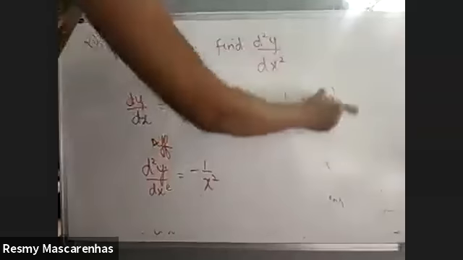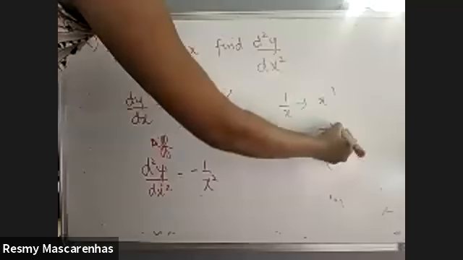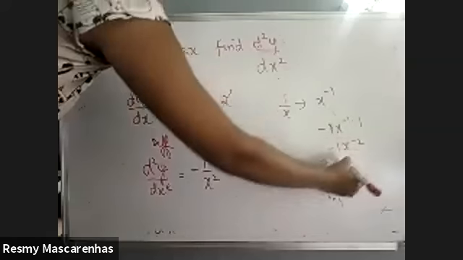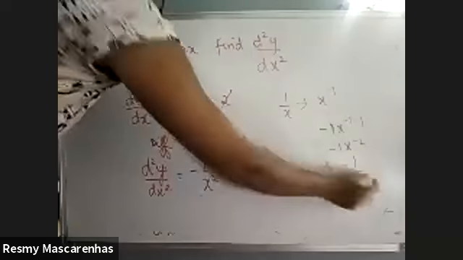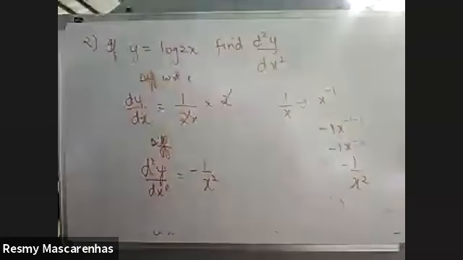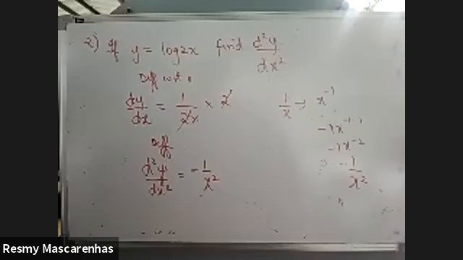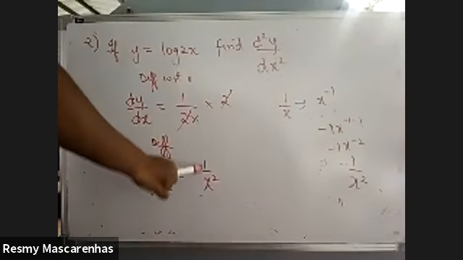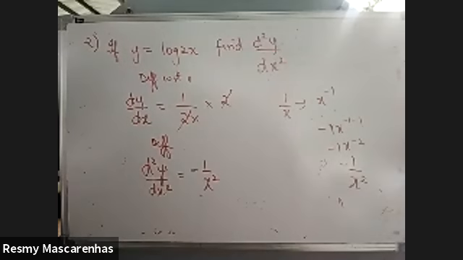Then using the x raised to n formula, minus 1, x raised to minus 2. So it is nothing but minus 1 upon x square. So this is how you get the derivative. Instead of this, if you remember, derivative of 1 by x is nothing but minus 1 upon x square. So this will be our answer.